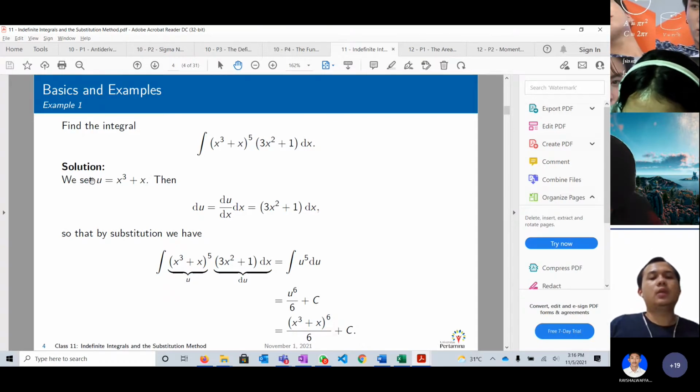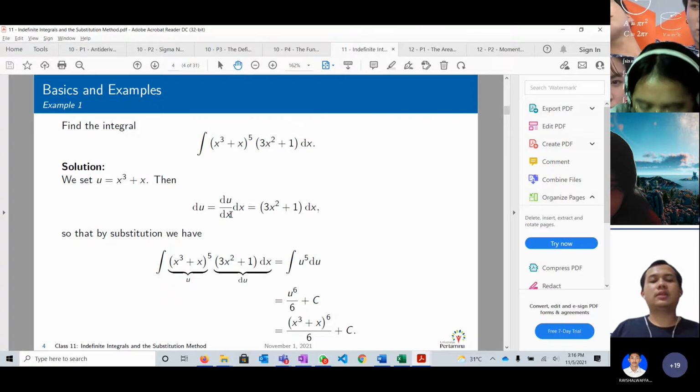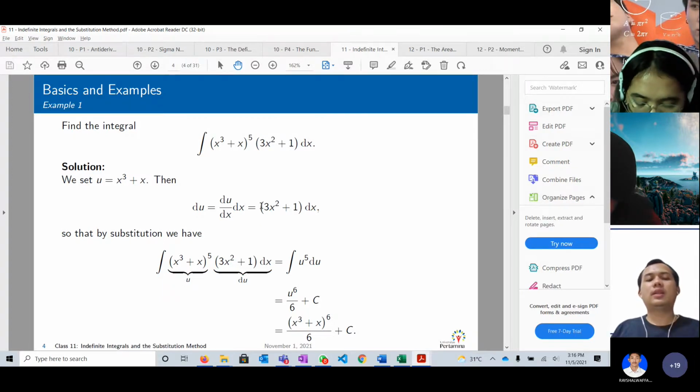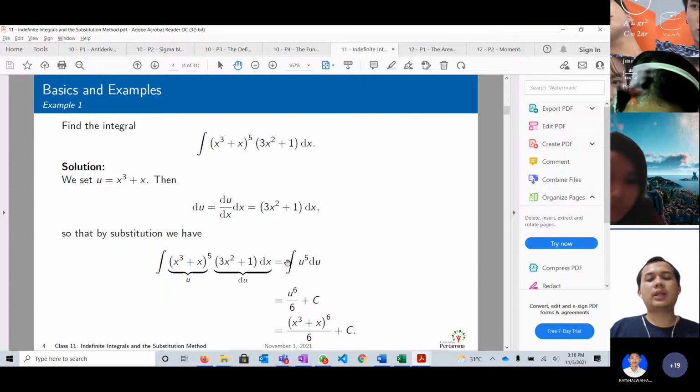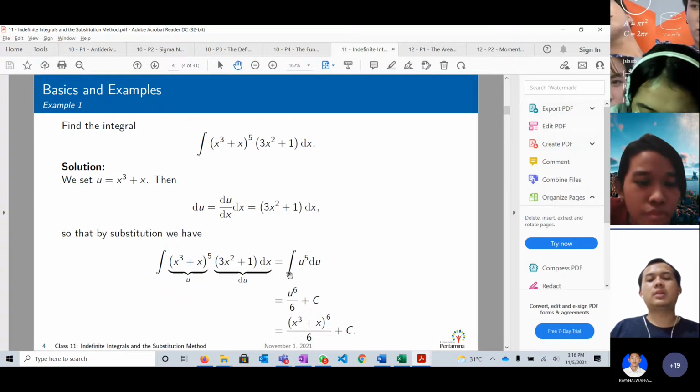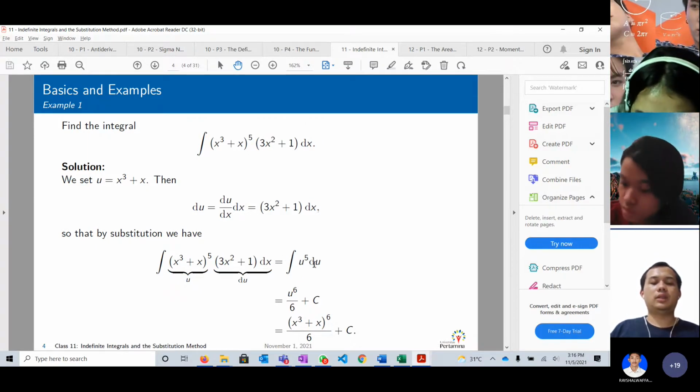In this case, if we set u to be equal to x power 3 plus x, then we know that du is du/dx times dx, which is (3x squared plus 1) dx. If we substitute them, x power 3 plus x is u, and (3x squared plus 1) dx is du. Then the integral becomes very simple: the integral of u power 5 du.